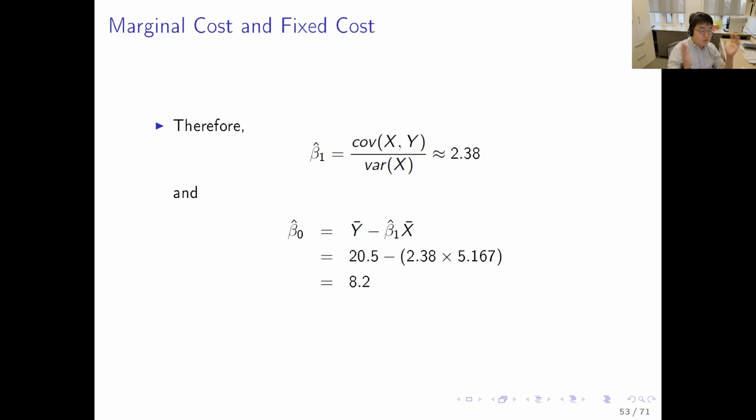Also, this formula is not that important to you because this is the computer's job. You don't need to memorize those formulas, but I just wanted to show you that in the end, the regression estimators are nothing super special. They are related to what you learned, and very basic measures are related to those ideas. Okay.